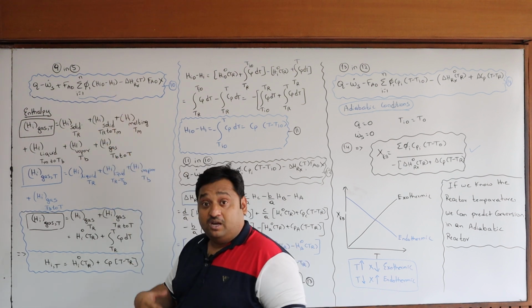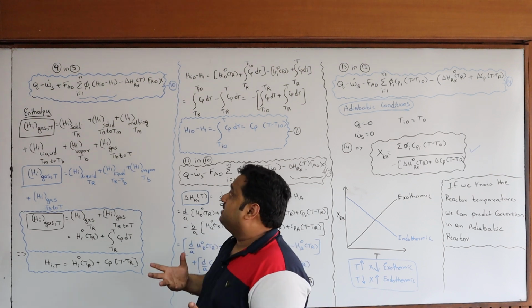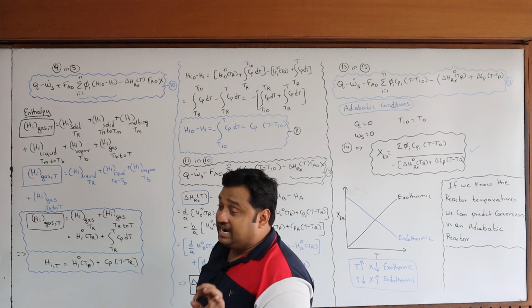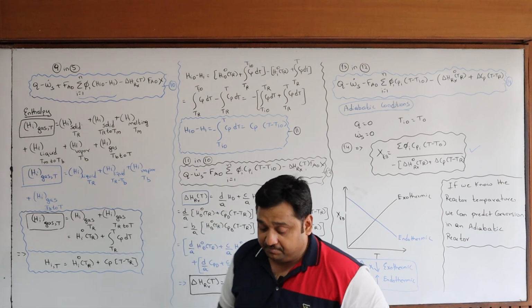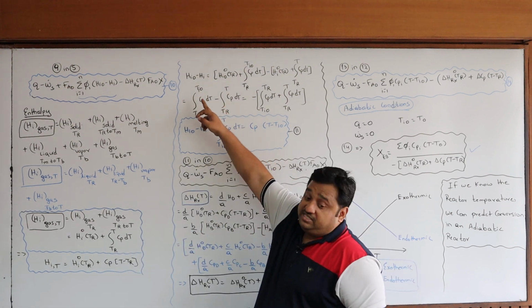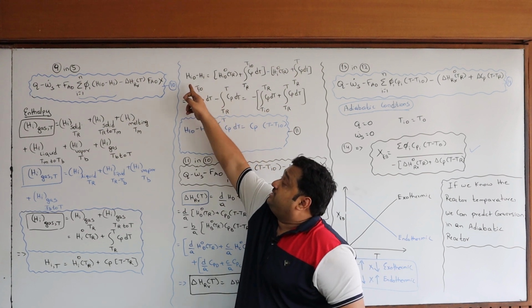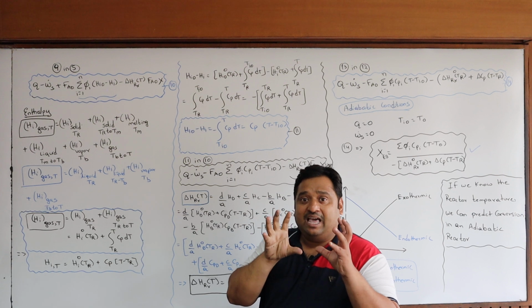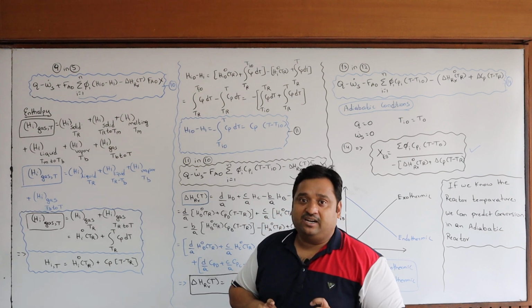Now the temperature terms will come. Let us take this one term, Hi0 minus Hi, and see how the temperature will come. What is Hi0? Hi0 is talking about the enthalpy of the gas inlet to the reactor.